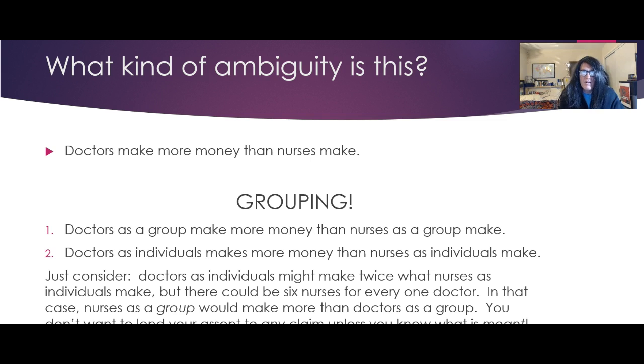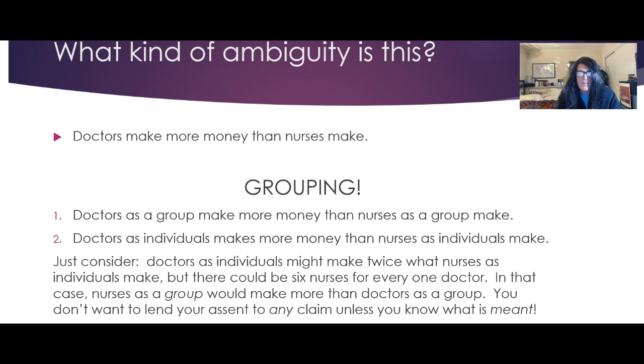Notice how we can disambiguate this, and in general, this is an easy kind of ambiguity to get rid of, because if you sense that there is a grouping ambiguity, you should be able to simply add the phrase as a group appropriately, as you see having been done here on both sides, and then write a separate sentence in which you write it as individuals in both cases. So doctors as a group make more money than nurses as a group make, or doctors as individuals make more money than nurses as individuals make.